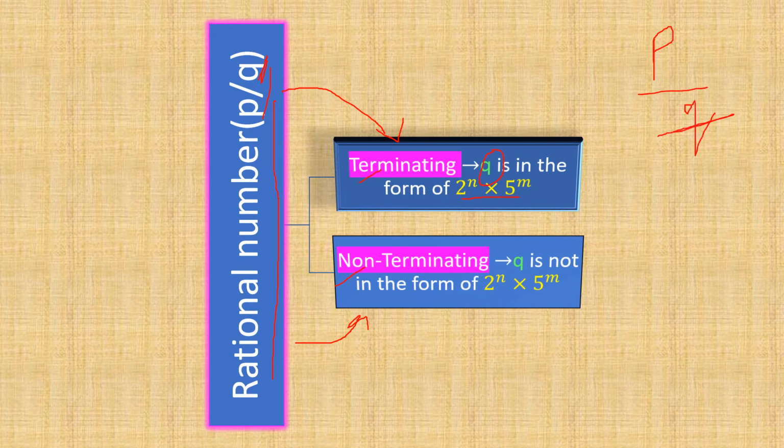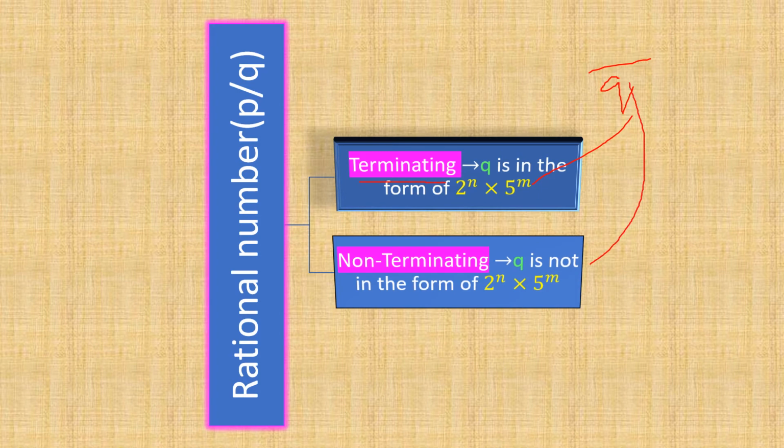So the denominator should be in the form of 2 power n into 5 power m for terminating. If q is not in the form of 2 power n into 5 power m, then they are called non-terminating decimals. Children, you should remember this. Okay, let us go to the next slide.